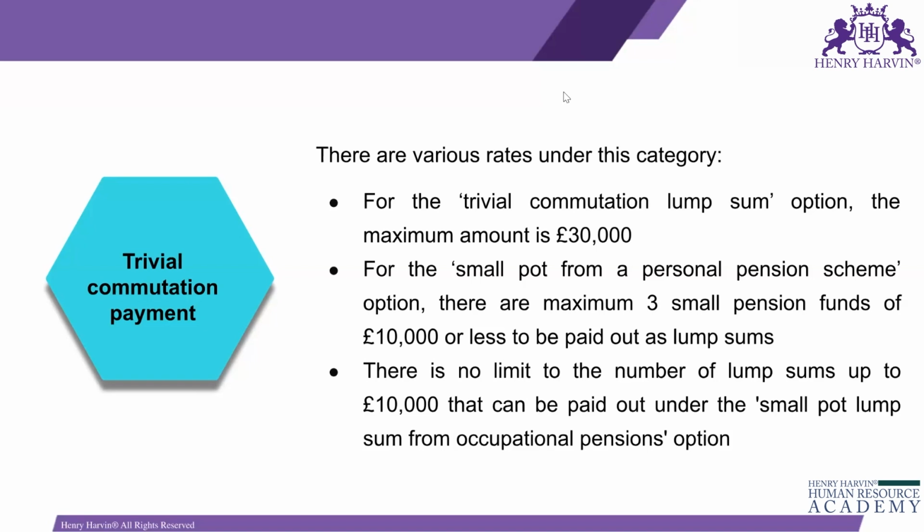For the small pot from a personal pension scheme option, there are a maximum of 3 small pension funds of £10,000 or less to be paid out as a lump sum. Okay, there is no limit to the number of lump sums up to £10,000 that can be paid out under the small pot lump sum from occupational pensions option.